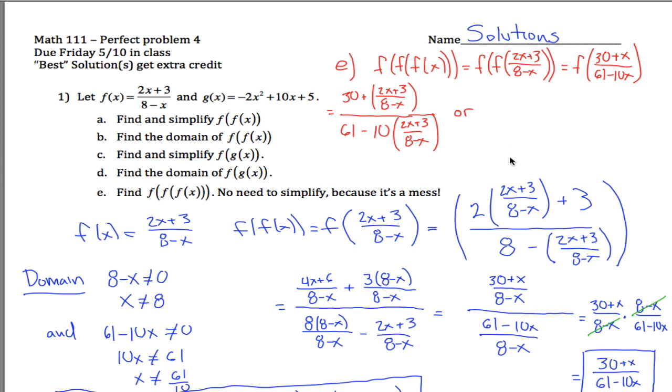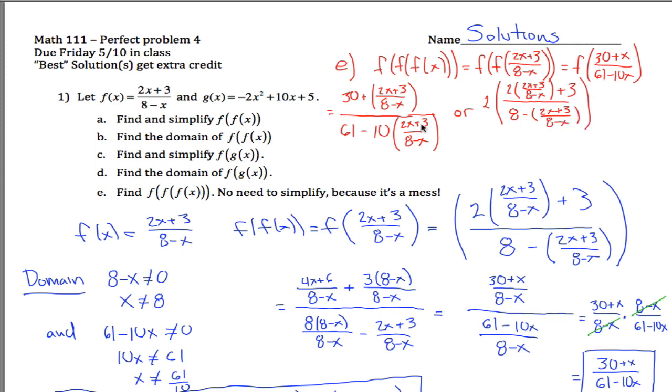So your final answer would be take this function, 2x plus 3 over 8 minus x, and put this mess in every time you see an x. So another way you could write this would be 2 times 2x plus 3 over 8 minus x, plus 3, divided by 8 minus 2x plus 3 over 8 minus x.